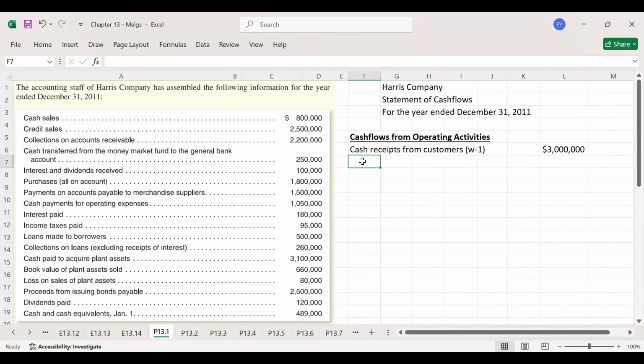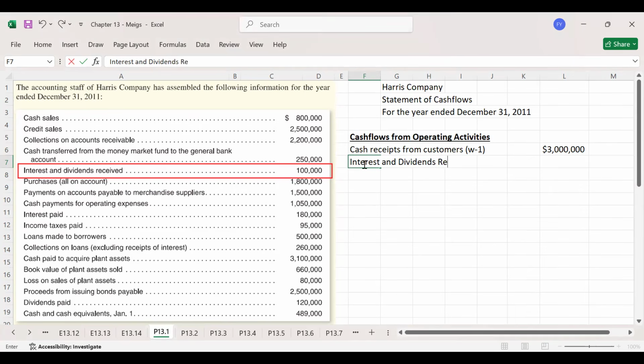Then for the other cash receipts, we have interest and dividends received. You can present interest and dividends received in investing activities also, which is a total of $100,000.